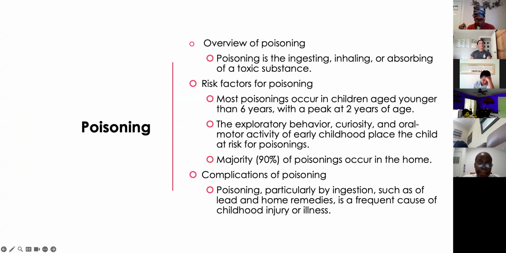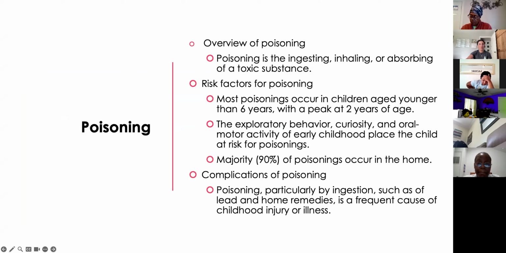We briefly talked about poisoning, anything we've ingested, inhaled, or absorbed that ends up at toxic levels in our body. Typically happens around 2 years of age when we're starting to be more mobile and curious about our environment. And most of them happen at home. So we have to be sure that we are really being careful.